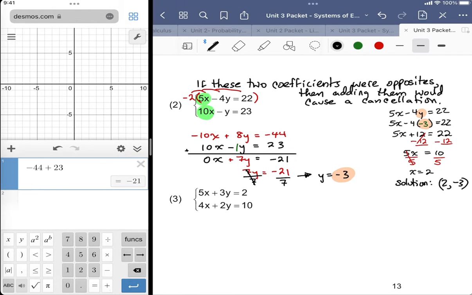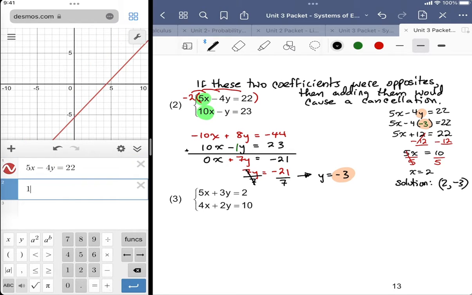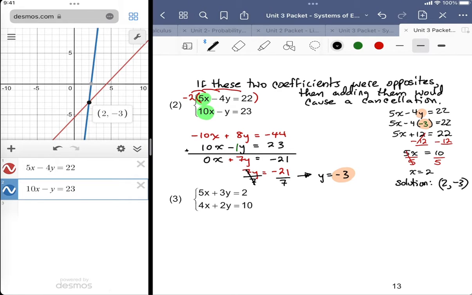So if you're doing it with Desmos, you type in your original equation, 5x minus 4y equals 22. 10x minus y is equal to 23. And see where they cross. 2, negative 3. We know the answer. We just have to make the algebra work.